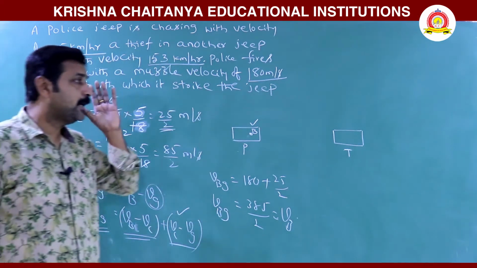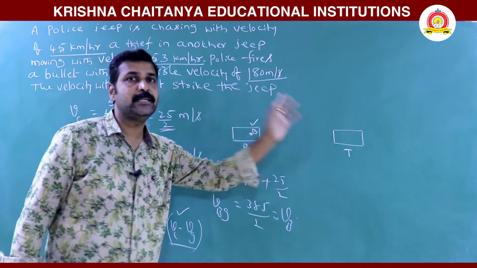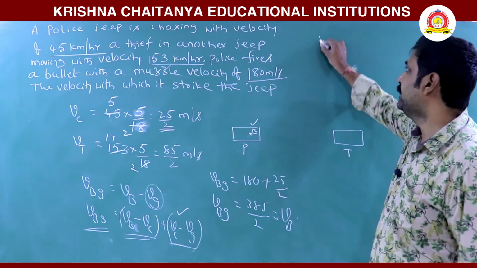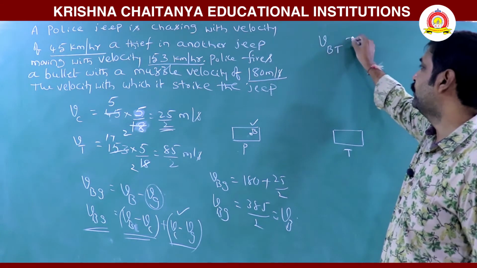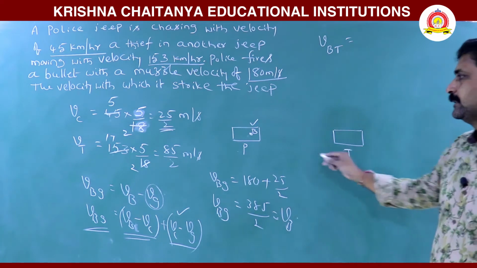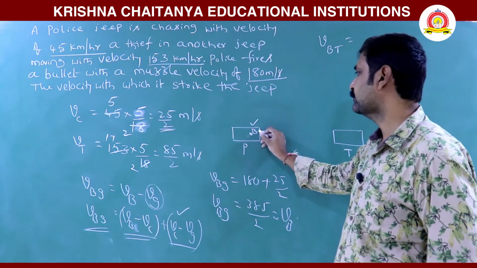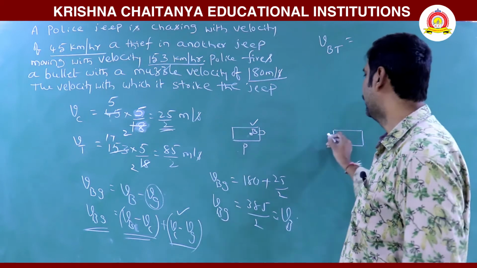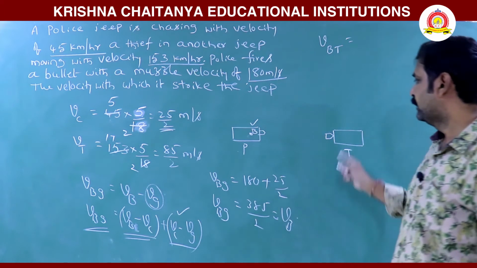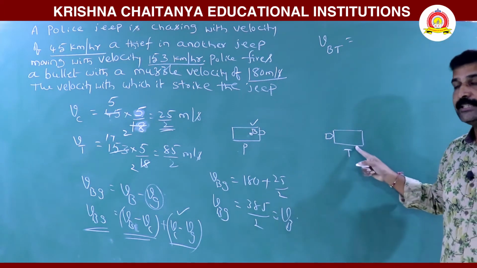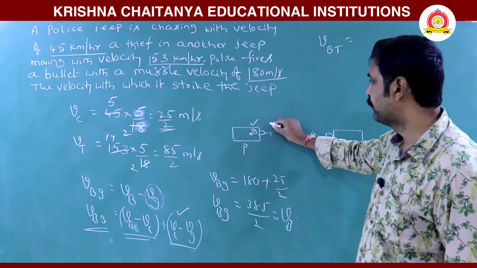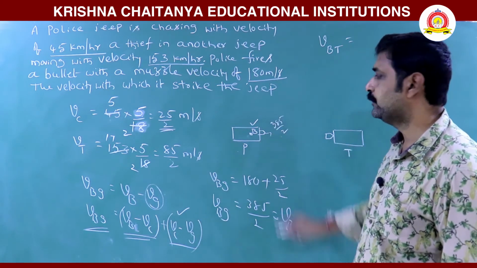Now with what velocity does this bullet strike the thief's car? So for a thief, the velocity of the bullet with respect to the thief, with what velocity does it strike? Here it is emerged, and here it strikes. Actually when it comes out, its velocity with respect to the person on the ground is 385 by 2.